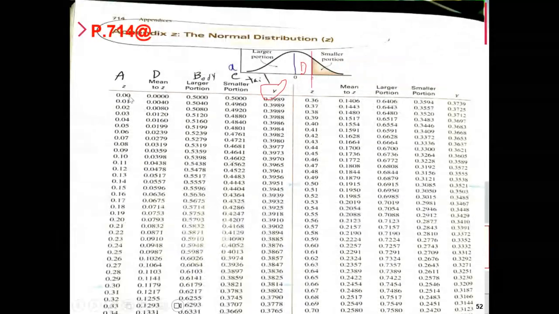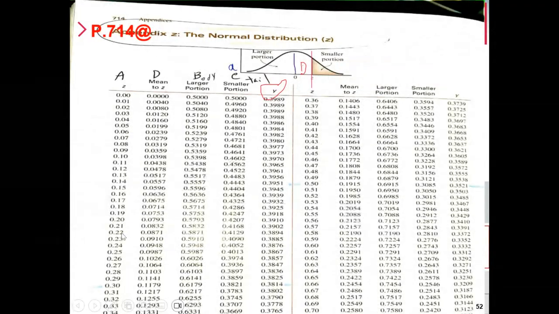Z is 0.5, so the first column, z, is on the right side, right there where the blue line is.